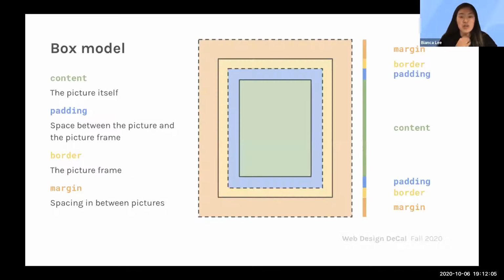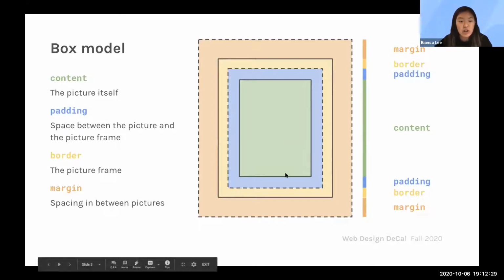Let's review our box model analogy that we went over 2 weeks ago with Nick. Remember that everything in HTML is a box, right? Whether it's a div, a button, a span, or text, it's basically just a box. In our picture frame analogy, the green area is all of our content.